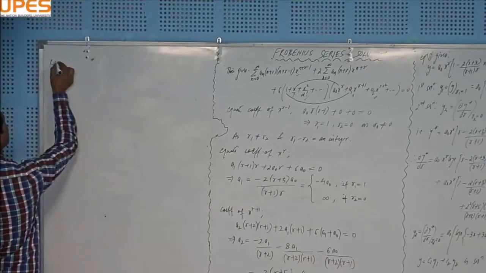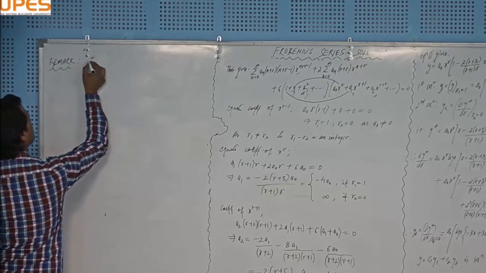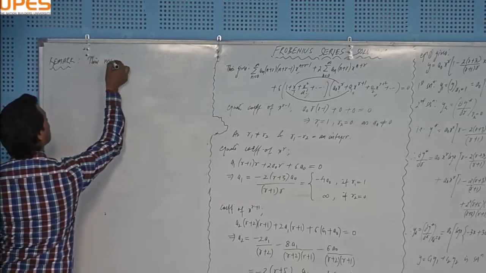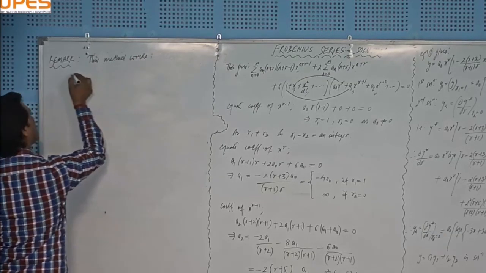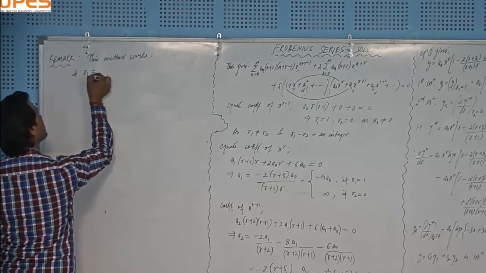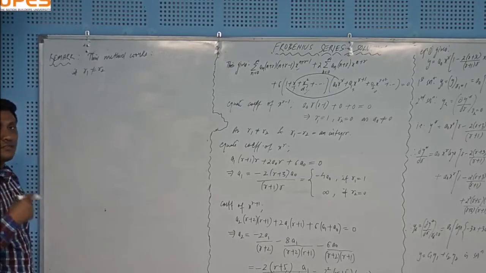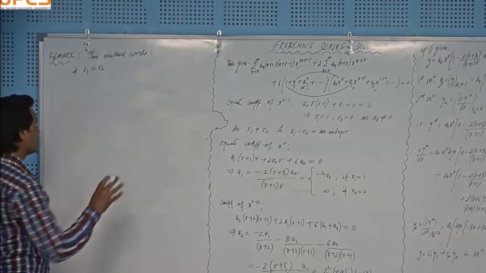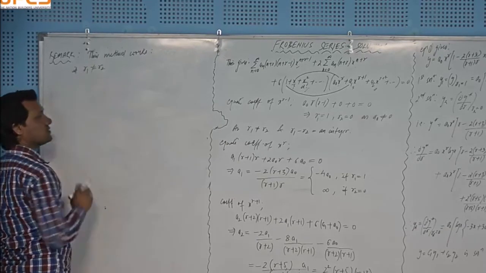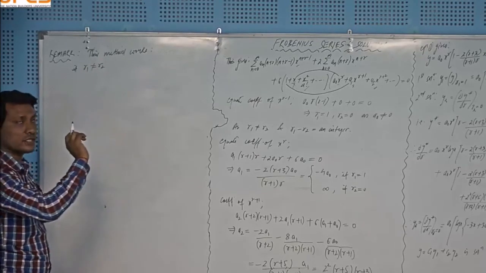So I will add a remark here. So this method works if the roots are distinct, first condition is that, and whether they differ by an integer or a non-integer, regardless of this point, they should be distinct, right?